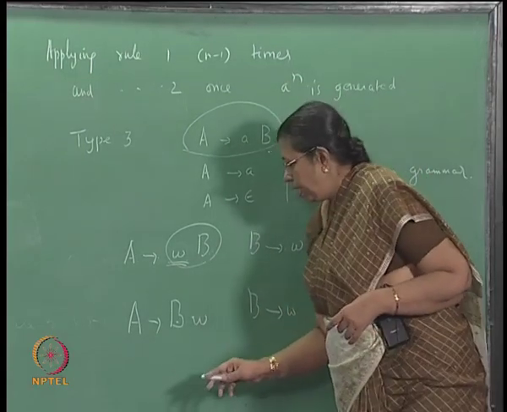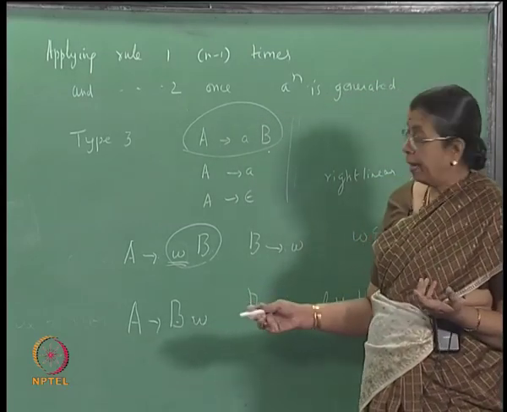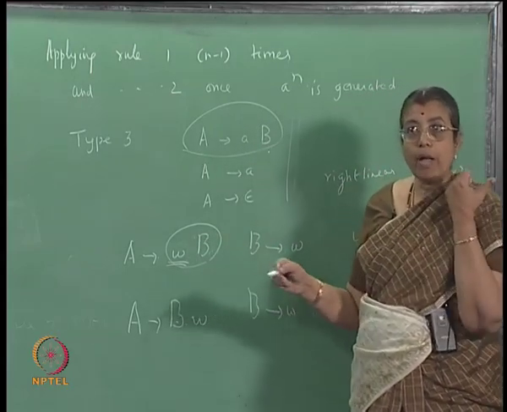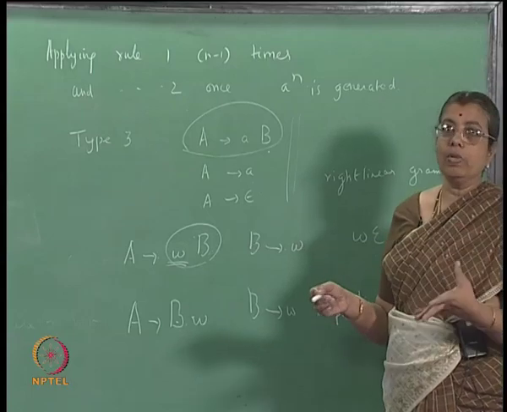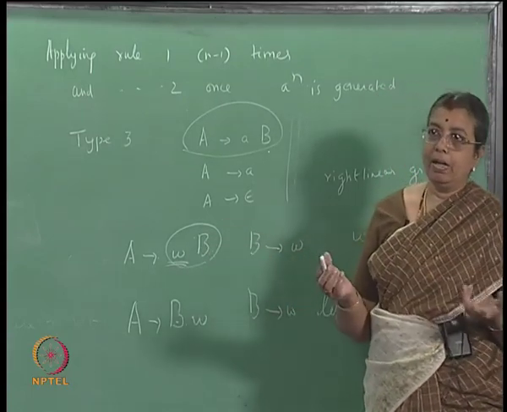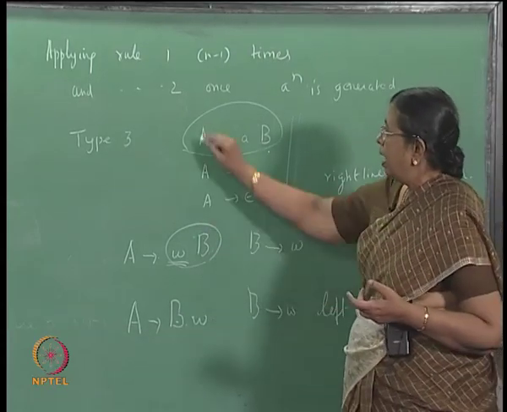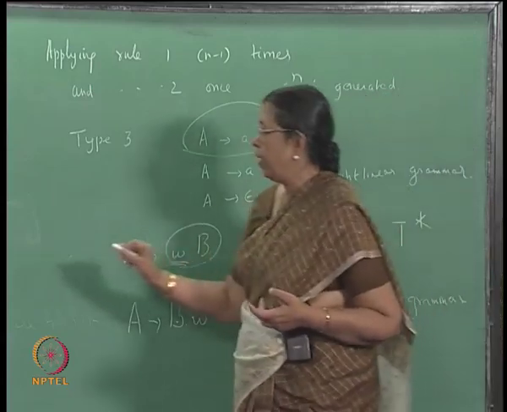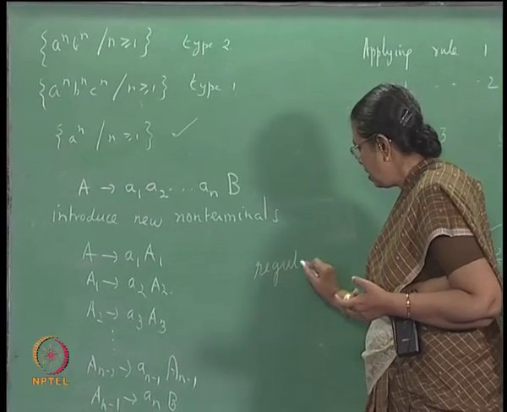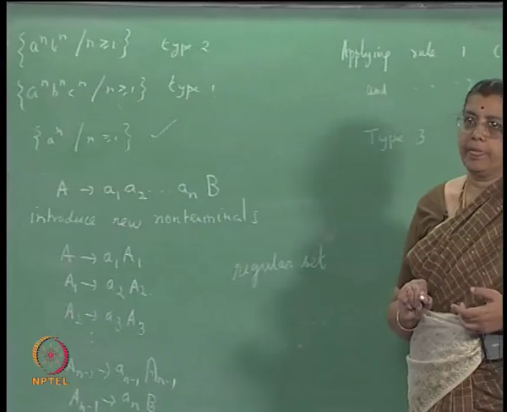Again, this also generates the same type 3 language, but you must not mix up this and this. In the same grammar, either you should have all the rules left linear or all the rules right linear. If you have one left linear and one right linear, then it can generate a higher class. So, these grammars generate what are known as regular sets. The language generated is called a regular set.